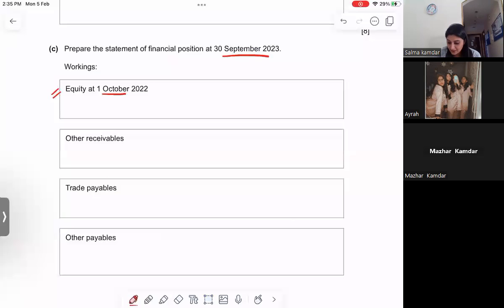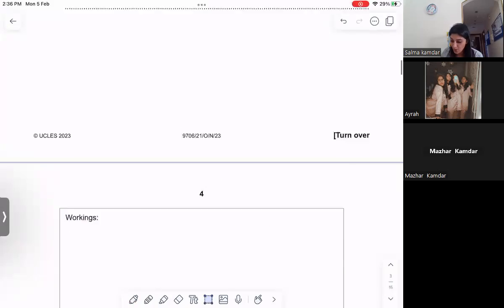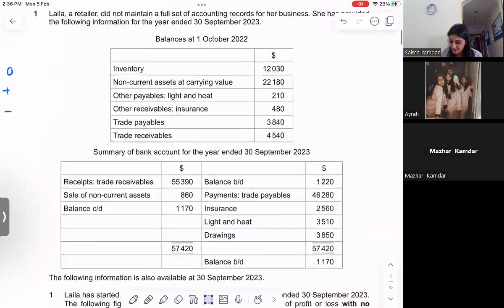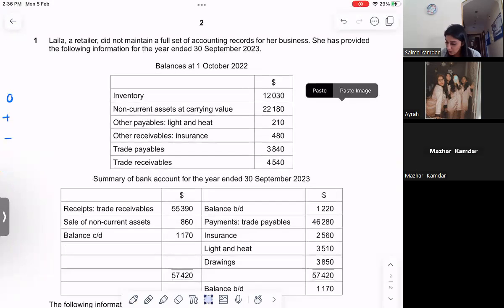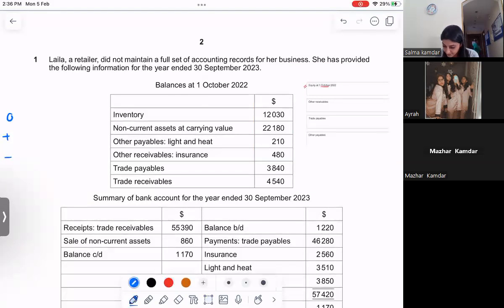They want us to find other receivables, trade payables, and other payables. Are you with me? Okay, so I'm just copying this and pasting it on top. That is what they want us to find out, that we are keeping on record.